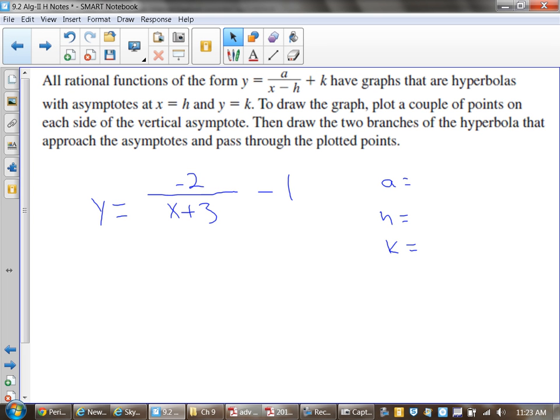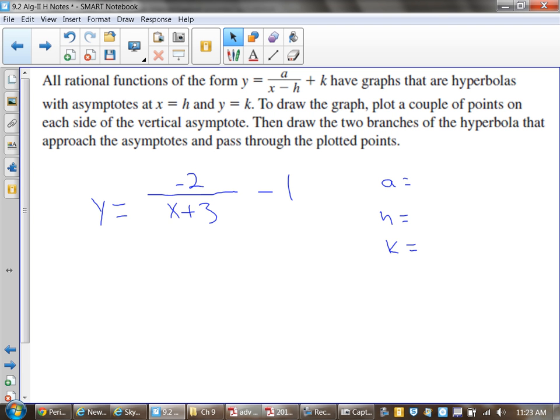We get this generic form: y equals a over x minus h, plus k. You're going to have vertical and horizontal asymptotes depending upon your h's and your k's.